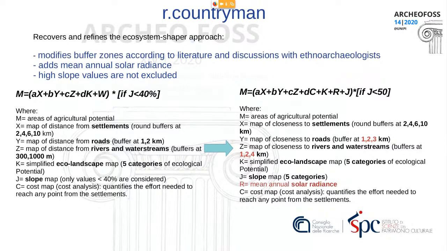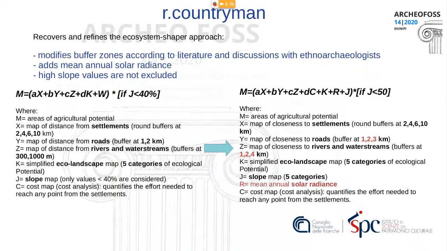We have added the mean annual solar radiance that can be calculated by a GIS software. We made an average annual solar radiance, and we changed the way of considering the slope values.